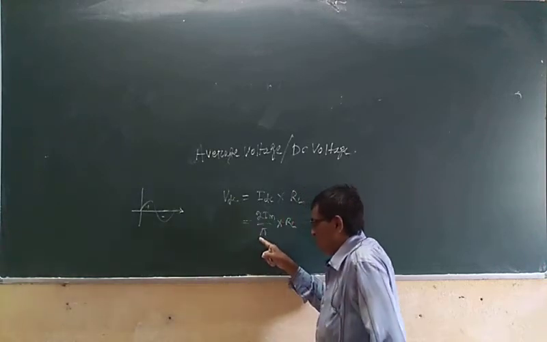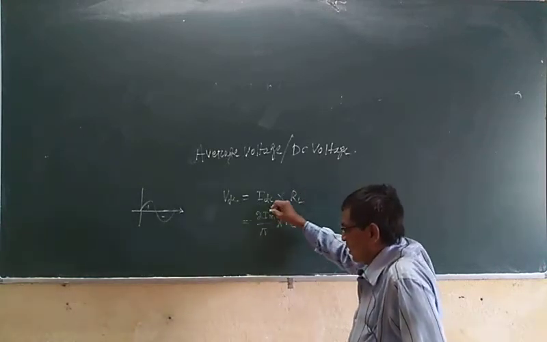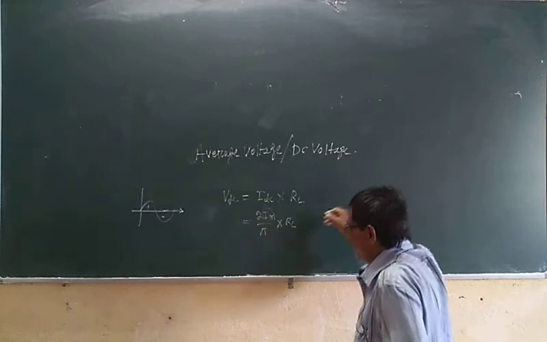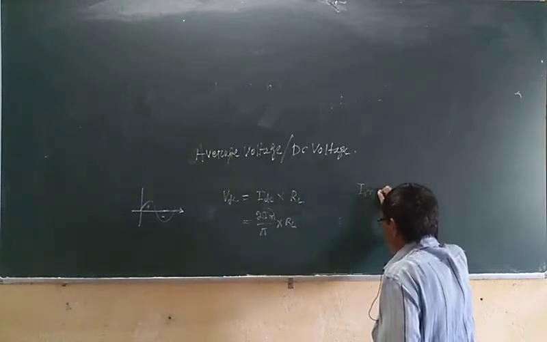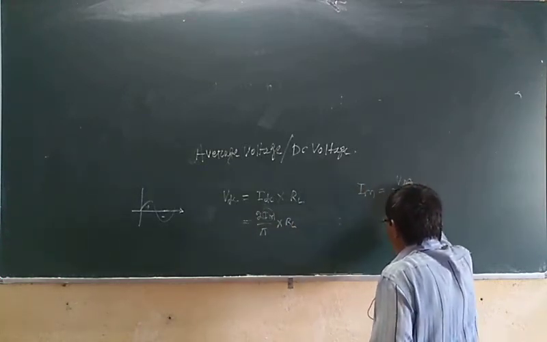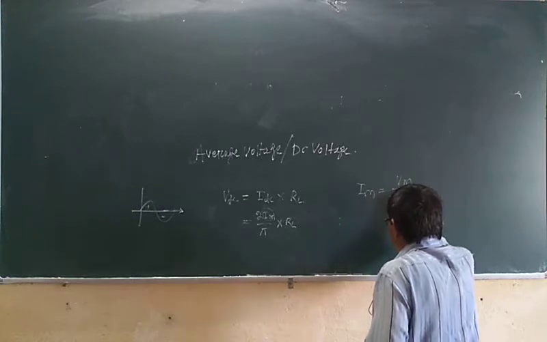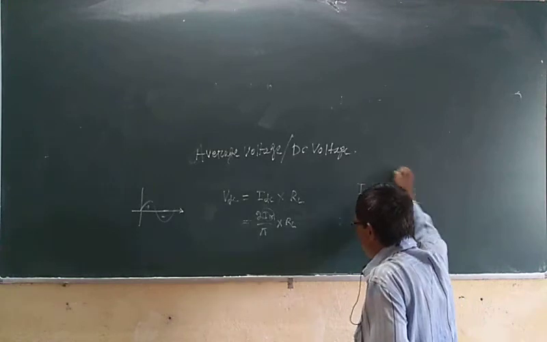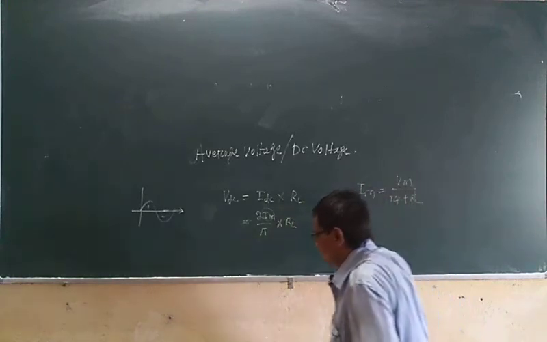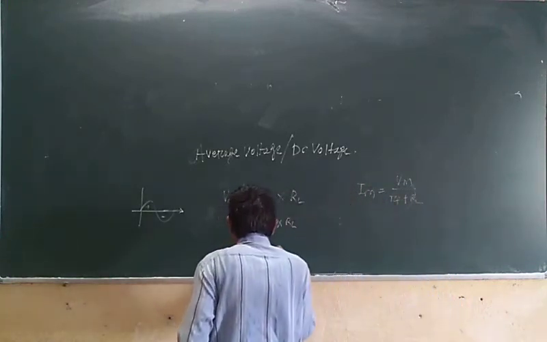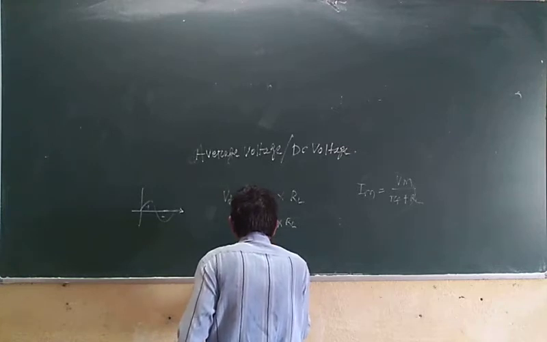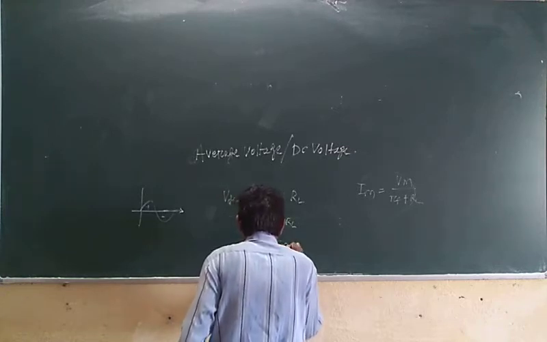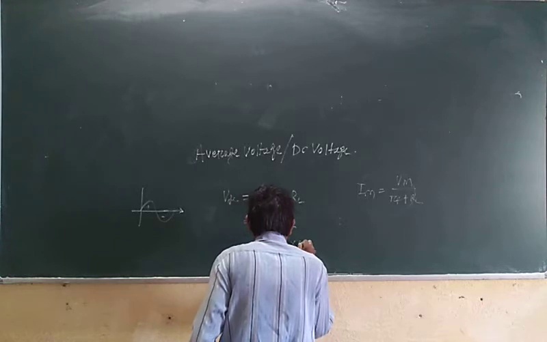Now we put this Im value. Im means VM divided by RF plus RL. So we put this value in this equation, then we get 2 by pi Im into RL.